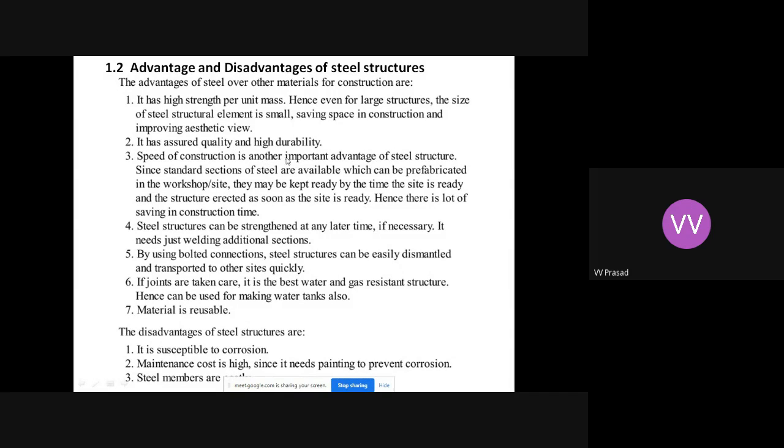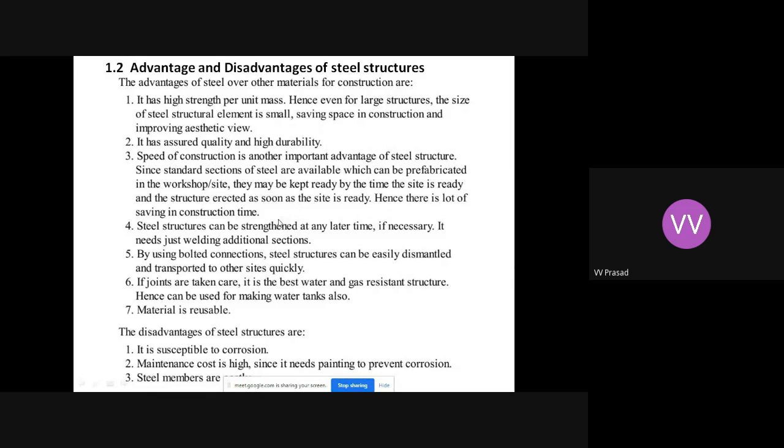Hence, even for larger structures, the size of the steel structural element is very small. Steel structures can be strengthened at any later time if necessary, just by welding additional sections. The material is reusable. Even if the entire structure has collapsed, the material is still reusable.